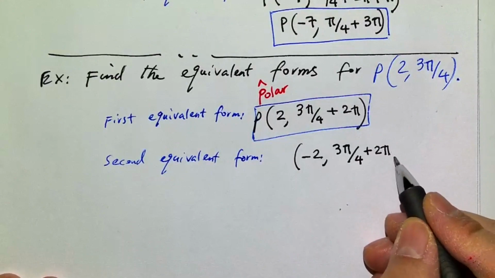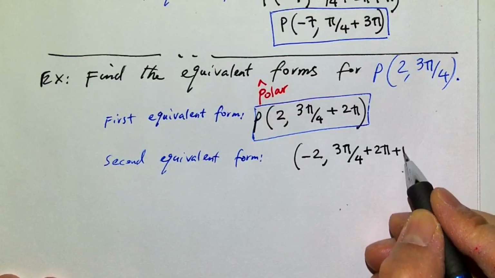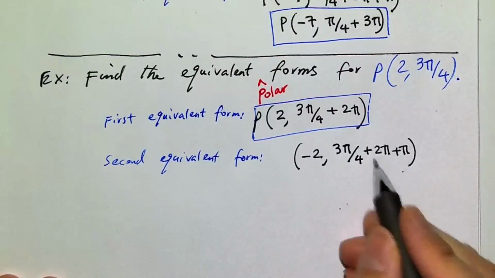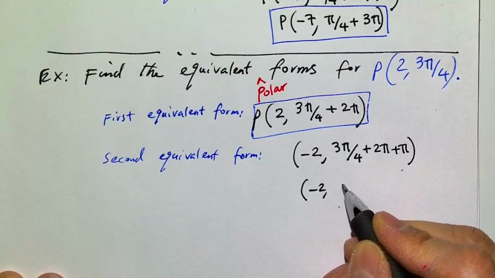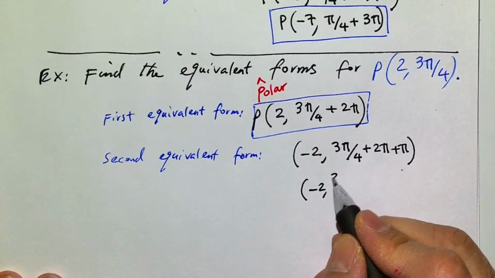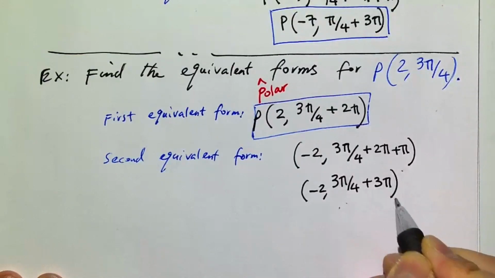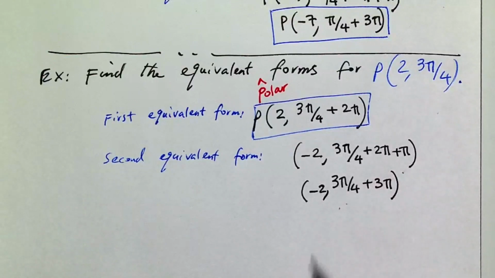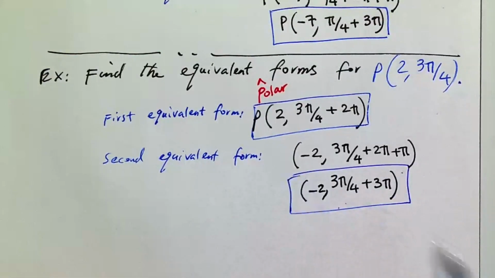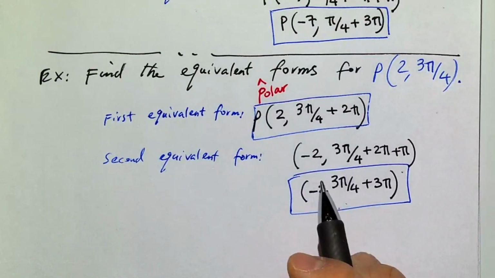So plus pi again, and let me add those two. We have negative 2 comma 3 pi over 4 plus 3 pi. So these are equivalent polar forms. All right, so that's that.